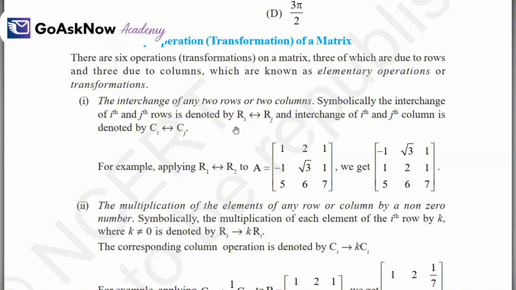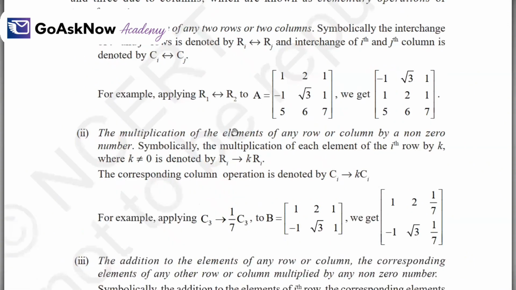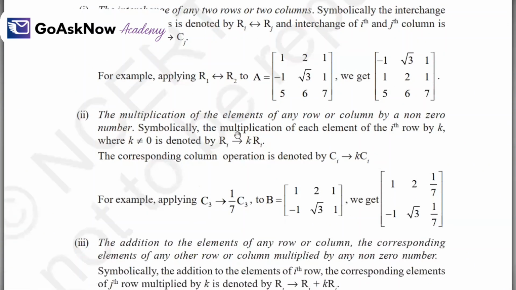So this is the interchanging of two rows or two columns. The second operation is multiplication of elements of any row or column by a non-zero number. Symbolically, the multiplication of each element of the ith row by k, where k is not equal to 0, is denoted by Ri changing to k Ri. The corresponding column operation is denoted by Ci changing to k Ci.